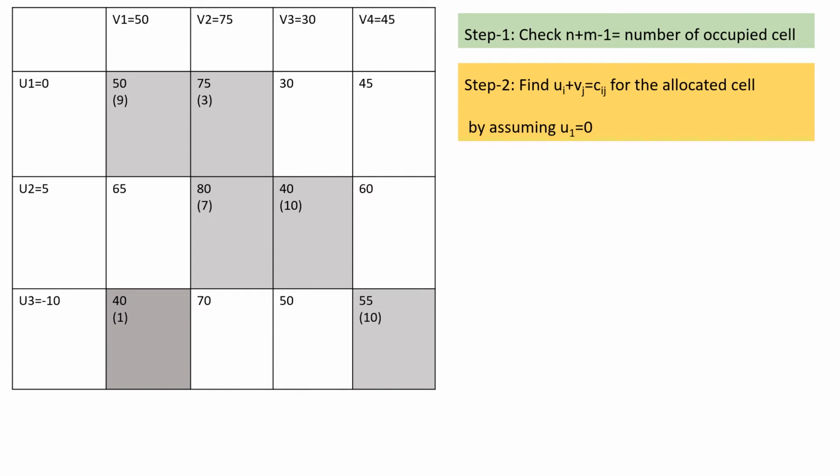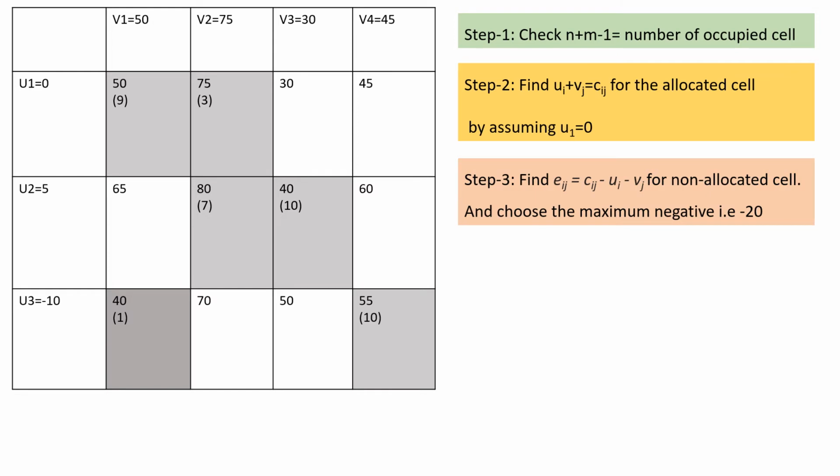And the next step is to find Ui plus Vj equals Cij for the allocated cells, by assuming this one to be 0. If we make this one 0, then 0 plus V1 equals 50, so V1 becomes 50.